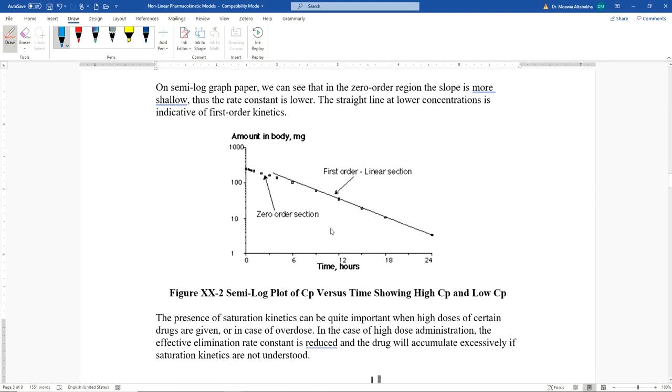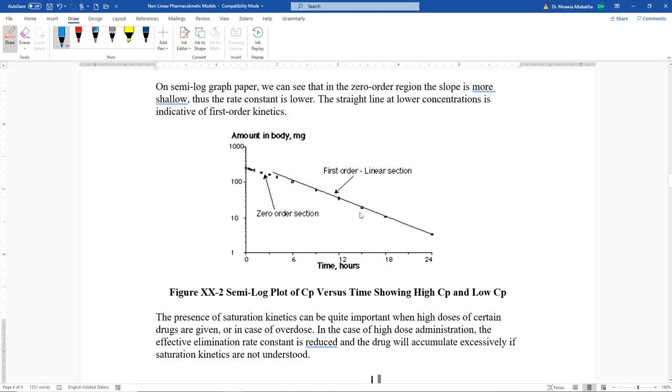we can do this using a semilog graph paper. Look at this semilog graph paper. Of course, this is not a straight line in the first few points. But if you look at them, you will find that the zero order actually has the lower apparent slope, because it is not a straight line, but when I put it on semilog paper, it has a lower slope, whereas the first order has a higher one.